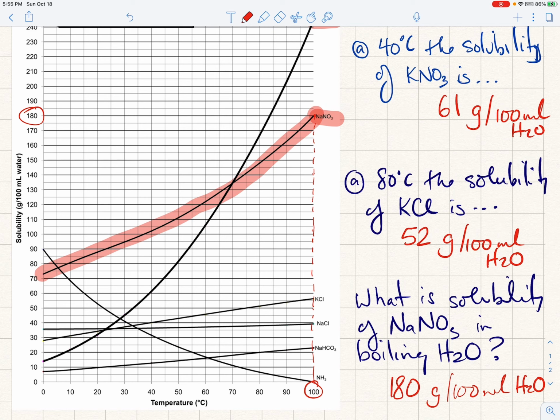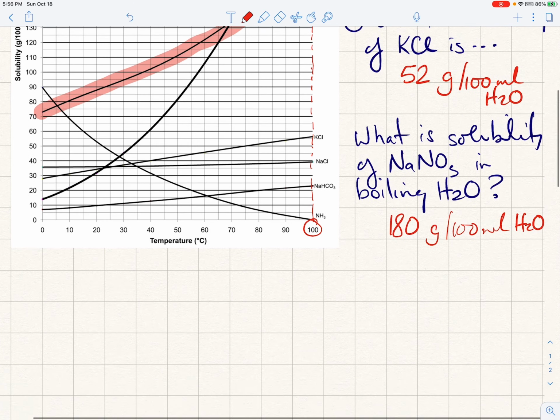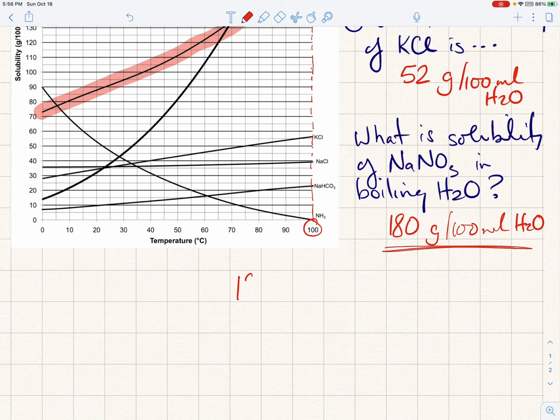You need to be able to do that to solve higher level solubility problems. Finally, notice that every one of these solubilities that we've written, do you recognize that they're actually unit multipliers? So that's how we're going to use these when we solve problems. If you just said the solubility is 180 grams per 100 milliliters of water, you could say 180 grams of sodium nitrate for every 100 milliliters of water.